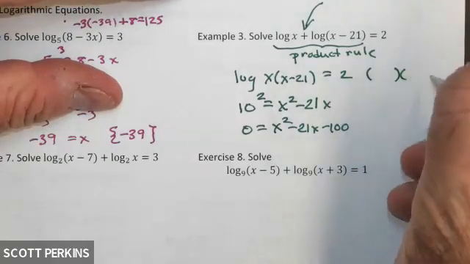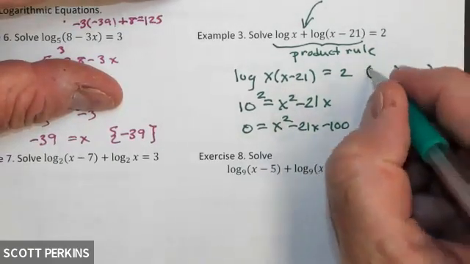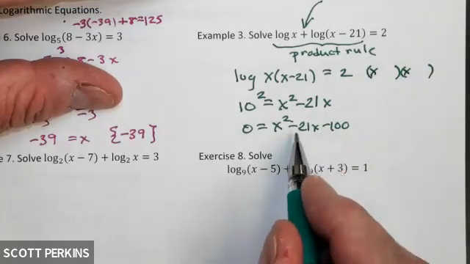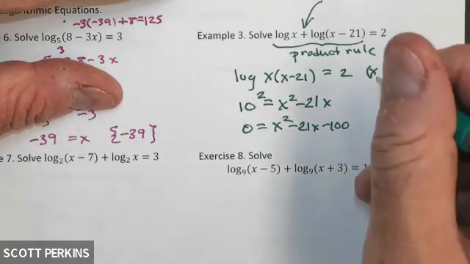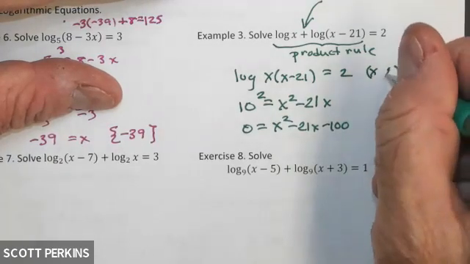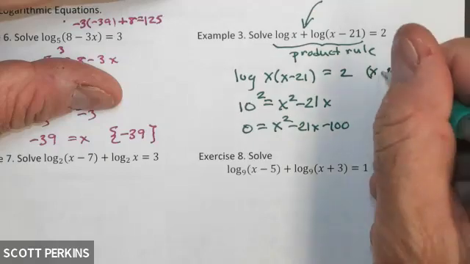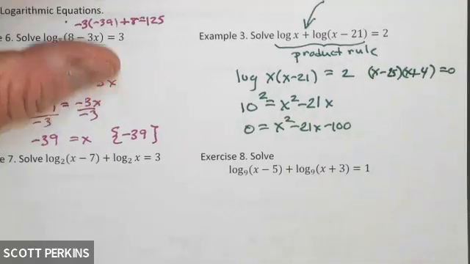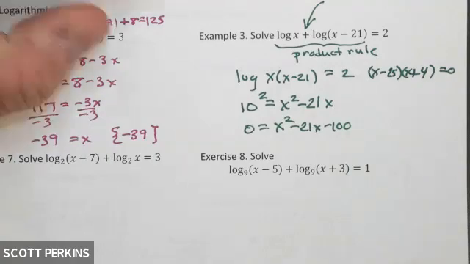So I'm going to factor this one. So x squared is x and x. The two factors of -100 that are going to add up to -21 are, anybody got those for me? Yeah, 25 and 4, and we're going to make the 25 negative and the 4 positive. That's a 25.